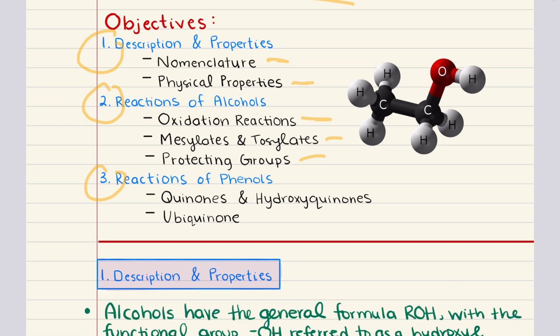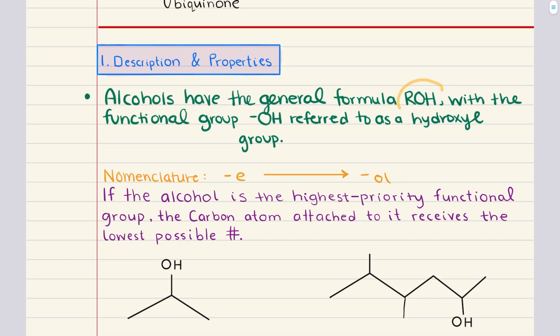Now, alcohols have the general formula ROH, where R represents a hydrocarbon group, and OH is the hydroxyl functional group. This hydroxyl group is what defines alcohols and what gives them their unique chemical and physical properties.